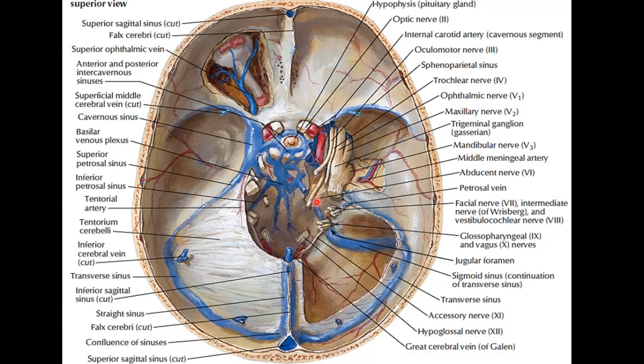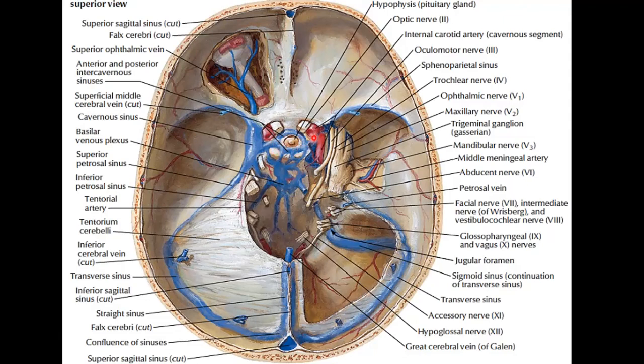Okay, and the apex of the petrous temporal bone is somewhere here. Okay, so this is 2 centimeters anteroposteriorly and 1 centimeter transversely. Then you can see here you have the infundibulum. Here you have your anterior intercavernous sinus and your posterior intercavernous sinus.